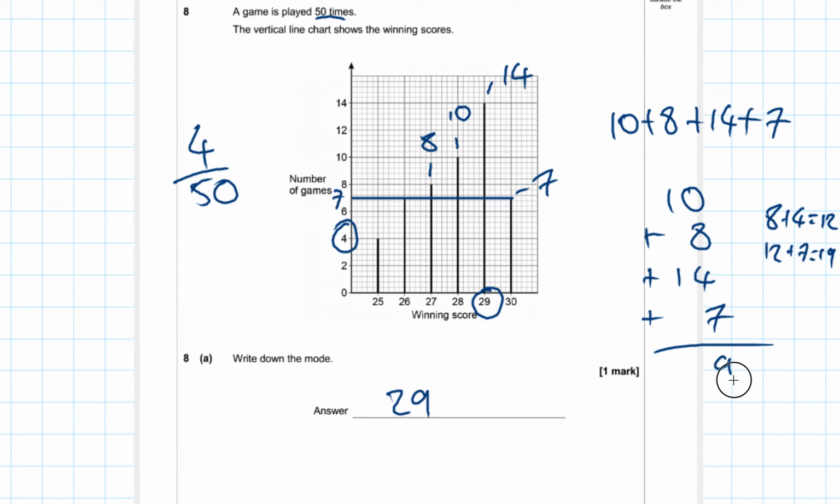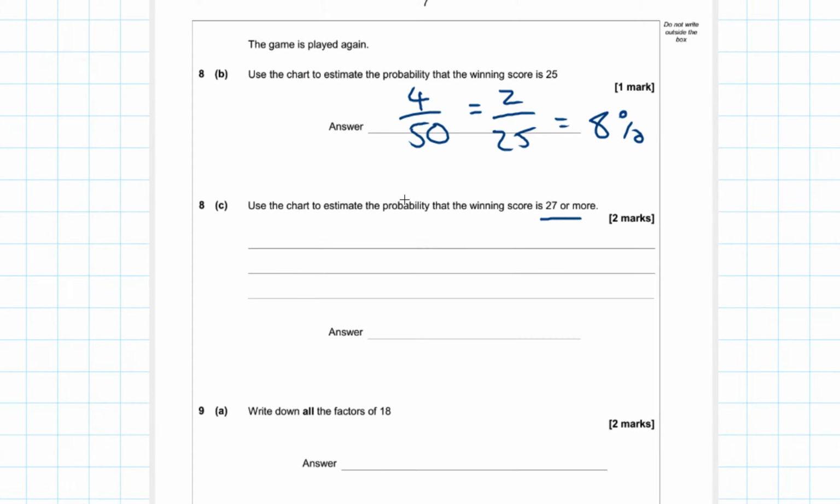So we write 9 and then carry over the 1. Then we've got 1 plus 1 plus 1, which equals 3. So we've got 39 times that 27 or more won, and our total number was 50, so our probability is going to be 39 over 50.